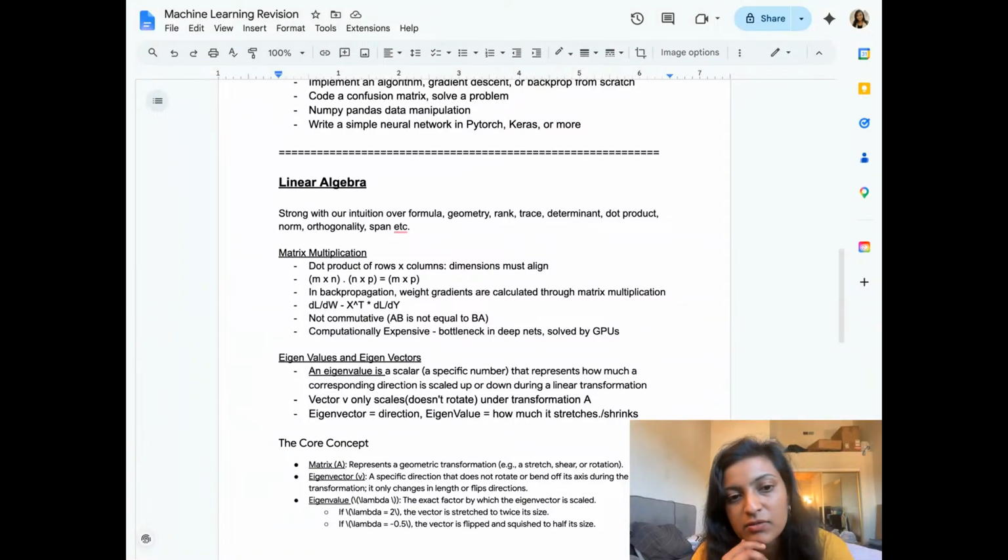So if you just use lambda without v, you know that a system is scaling by 5, lambda equal to 5, but you don't know the direction. Whereas if you just know the v and you don't know the scale, you know that it's going in this direction, but you don't know the magnitude. So together, both of them, like speed and direction, tell you about the transformation. You need both a speedometer and a compass, right?